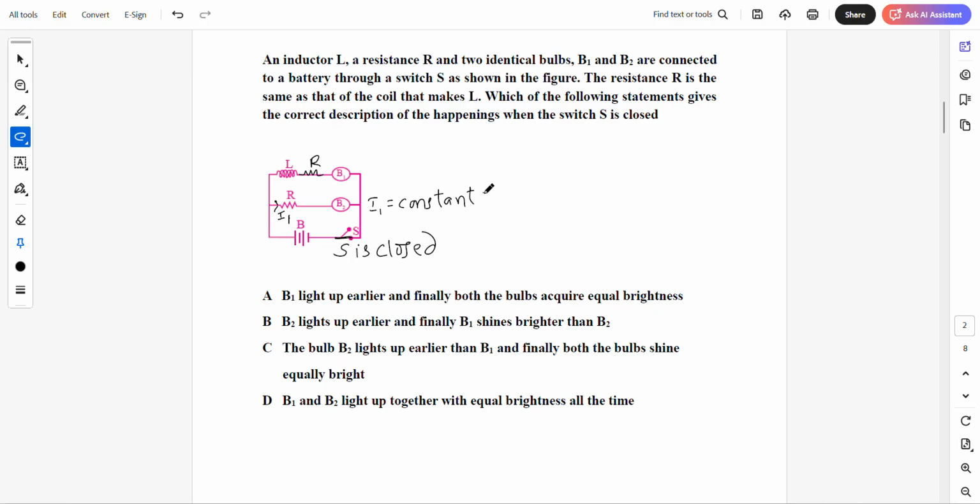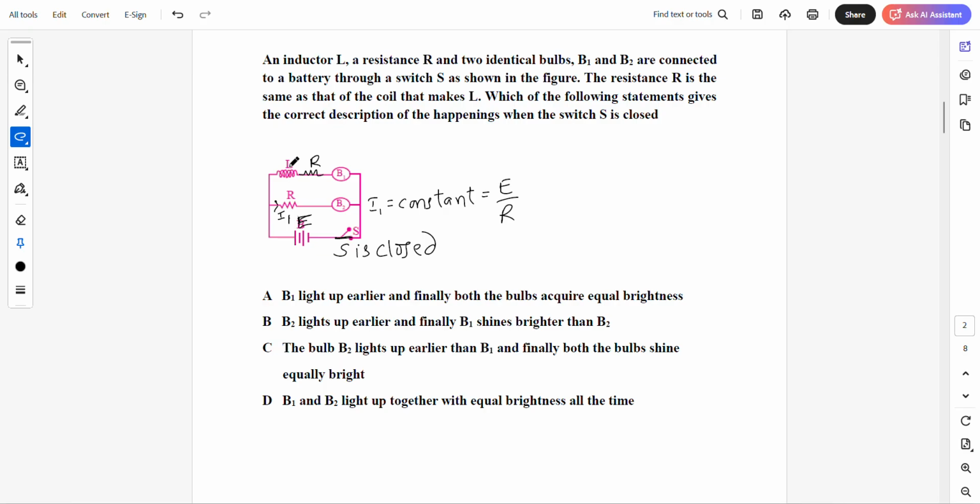This is E, not B, a battery of EMF E. What is the equation of current? I1 is equal to constant, and that is equal to E by R.